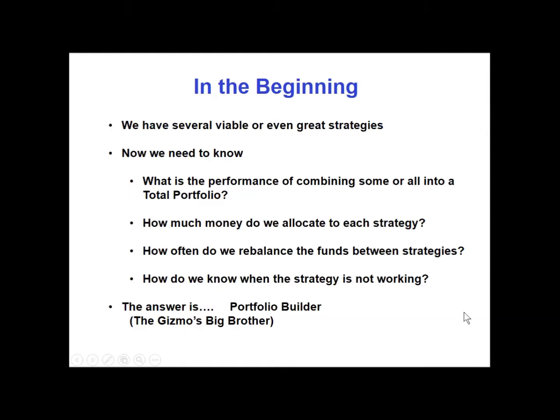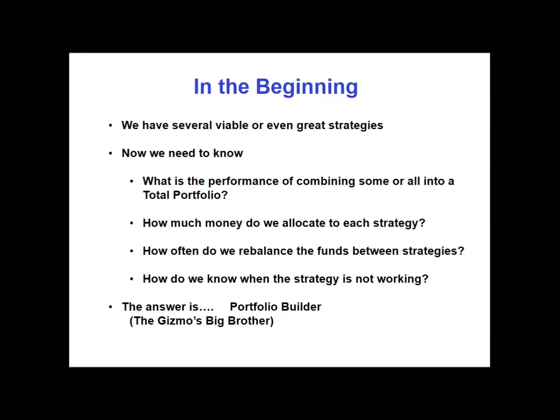All right, in the beginning, okay? Now, you have several viable or even great strategies. But now you'd like to know, what is the total performance of combining some or all of them into an overall portfolio? And then you'd like to figure out, how much money do we allocate to each of these?